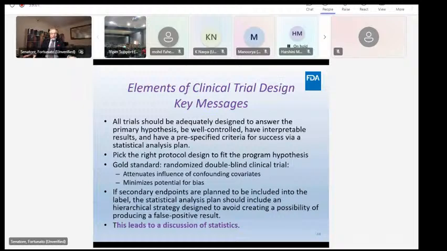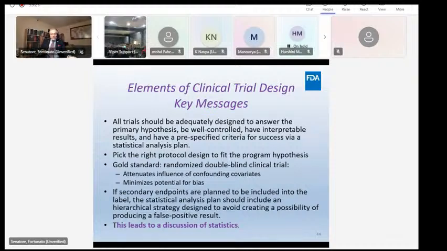The gold standard is randomized double-blind clinical trials. It attenuates influences of confounding variates, and it minimizes the potential for bias. If secondary endpoints are planned to be included into the label, the statistical analysis plan should include a hierarchical strategy designed to avoid creating a possibility of producing a false positive result.